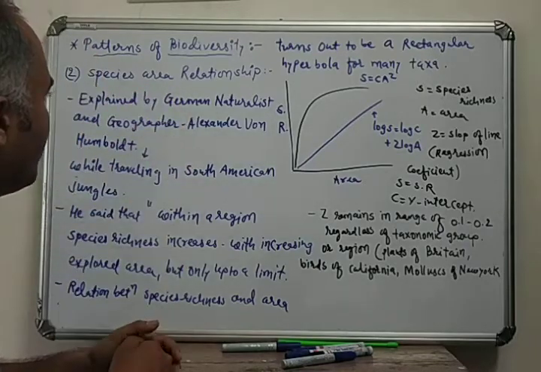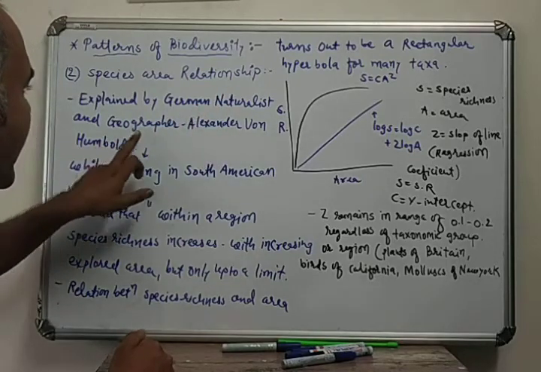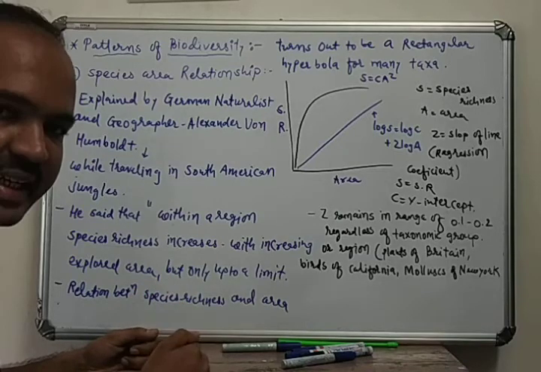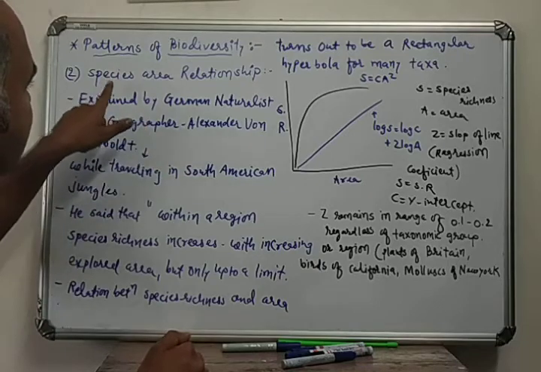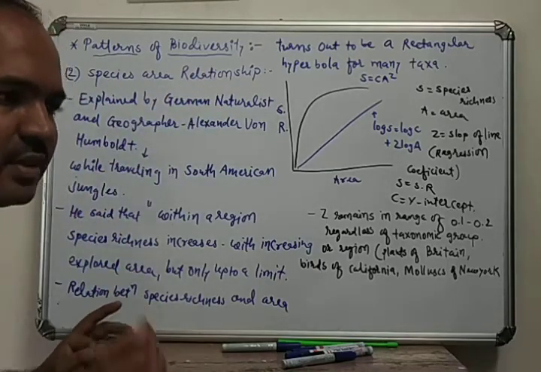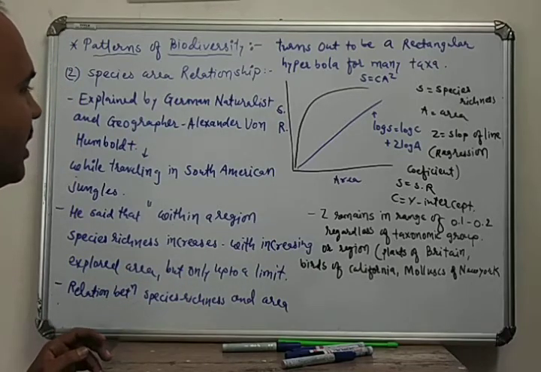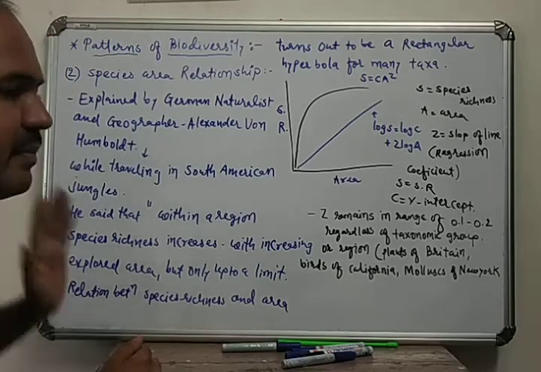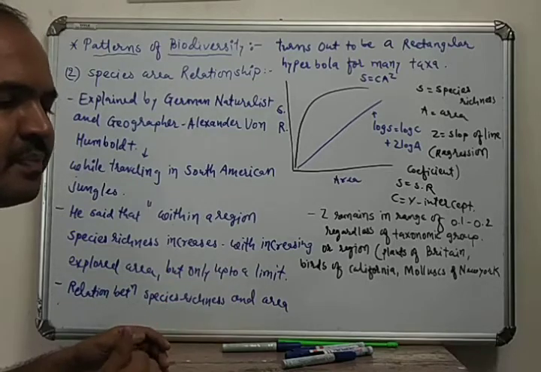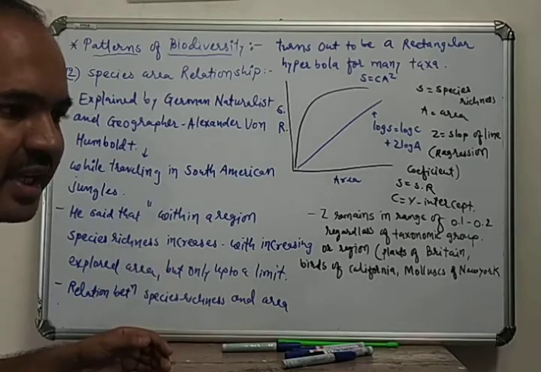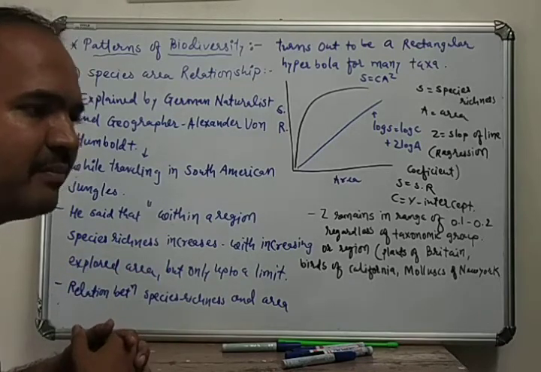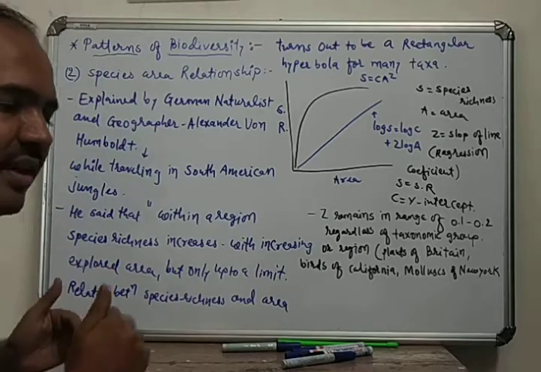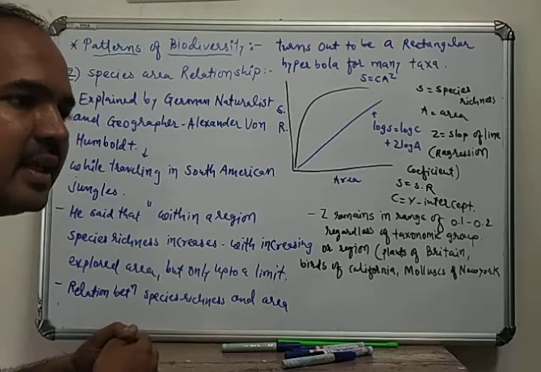The species area relationship was explained by a German naturalist and geographer, Alexander von Humboldt, while he was traveling in South American jungles. During that time he explained this species area relationship.